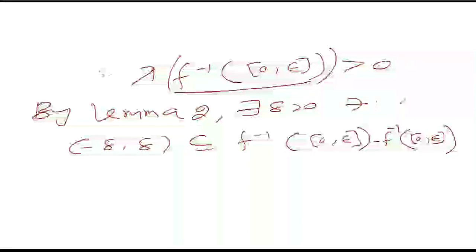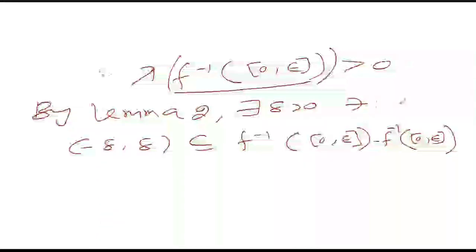Okay, so minus delta to plus delta is a subset of this set. From this we will prove that it is actually a continuous function.